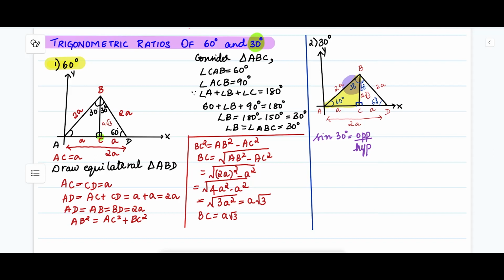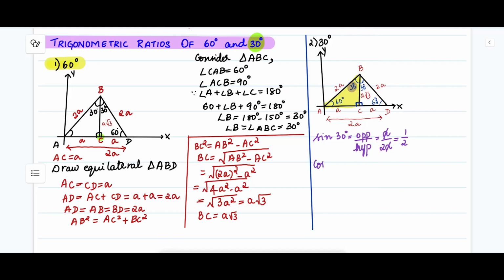So the side opposite to angle 30 degrees is side AC, whose length is A, which we assumed previously. So the opposite is A and our hypotenuse side will be the side of the triangle which is opposite to our angle 90 degrees, which is AB, having the value 2A. So it will be A divided by 2A. A and A will cancel out each other. We are left with 1 by 2.